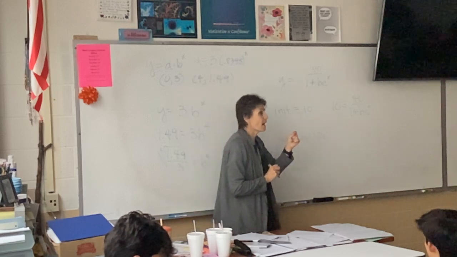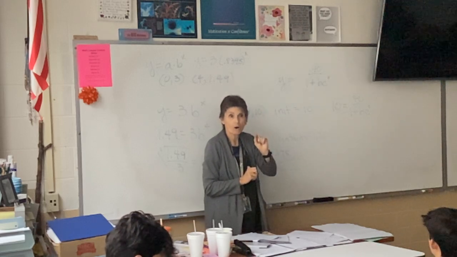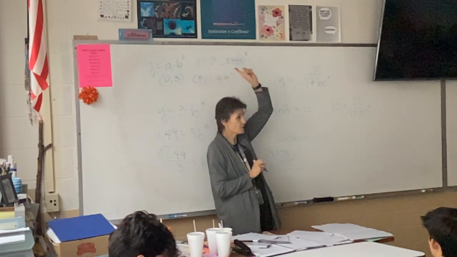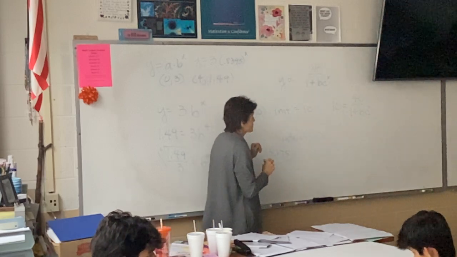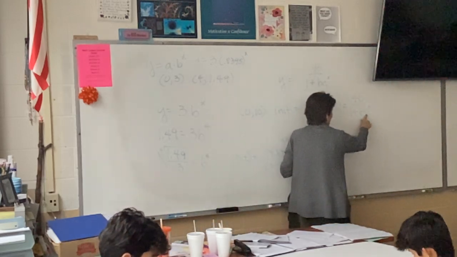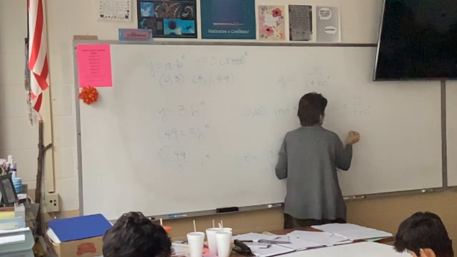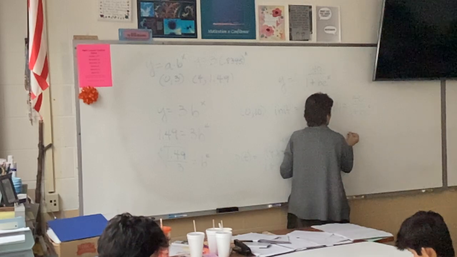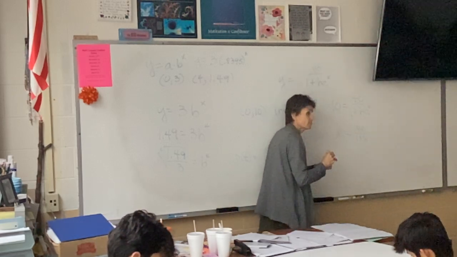Your initial value is what y is when x is 0, always. Even up here, every equation, the initial value is your y-intercept. So, what do I know about c to the 0? It's 1. So I have 10 equal to 40 over 1 plus b.